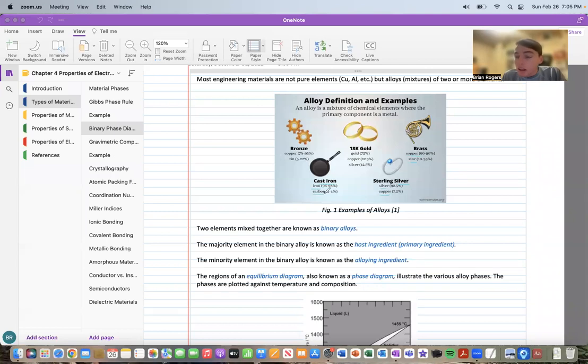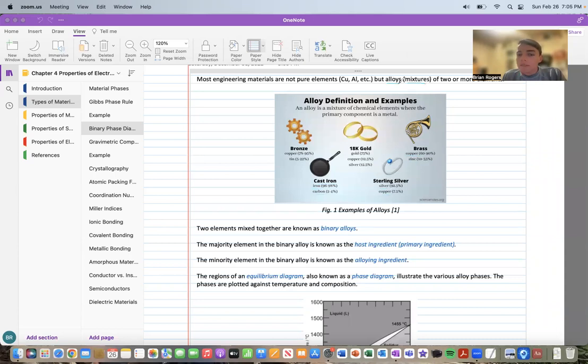And so what we're seeing here is that a lot of these items that you might work with or use every day are not just one element. It's going to be a mixture of elements. And so that's what we're referring to when we say mixture. It's an alloy.